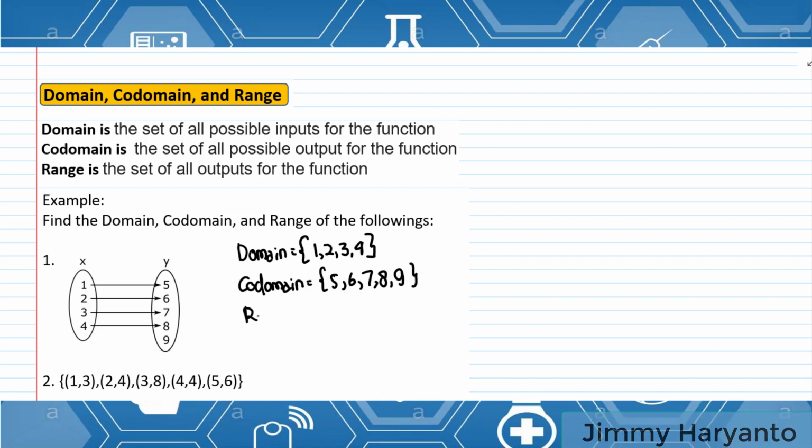And then the range is only the result. The result is 5, 6, 7, and 8 only, yeah. 9 doesn't have a value of x, so it doesn't count as a range, doesn't count as a result, yeah, because there is no arrow. Next, (1, 3), (2, 4), (3, 8), (4, 4), and (5, 6).